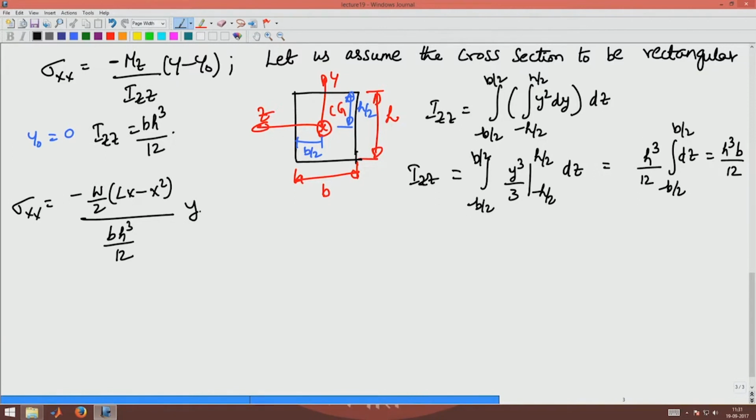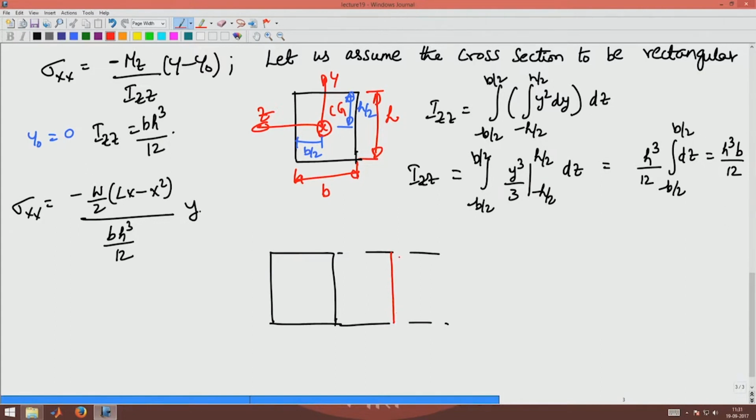Now you find that across the depth of the cross section the variation of sigma xx is linear.